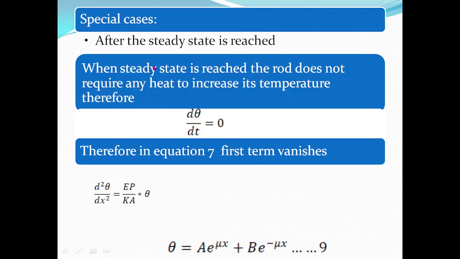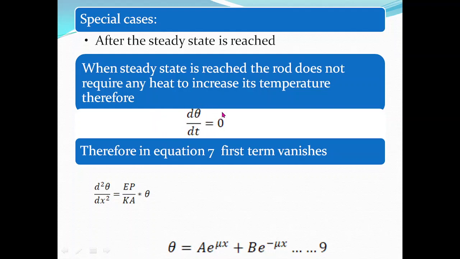After the steady state is reached, what will happen? After the steady state is reached, the temperature of each part of the bar becomes constant, and this means that the rate of change of temperature with respect to time, d theta by dt, becomes equal to 0.